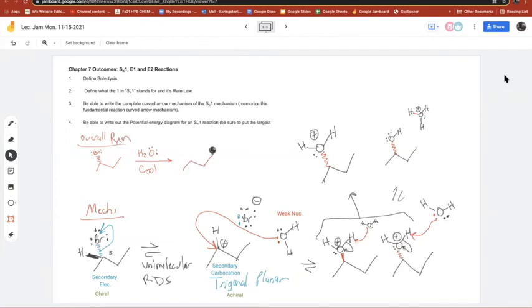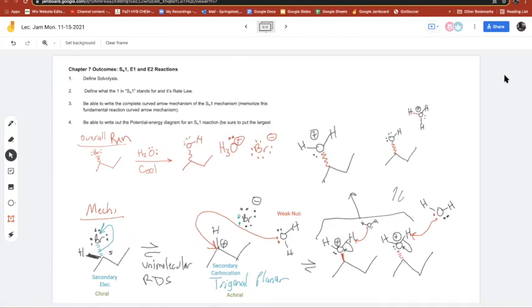Overall reaction: a racemic mixture of the secondary alcohol, hydronium, and bromide. Oh, wait. Yeah, this is SN1. That's right. Okay, yeah, this is good.